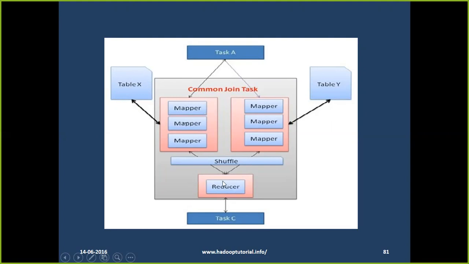If I have to perform the join in reduce side, I should read this file through the mapper phase, combiner, partitioner, shuffle, sort, and reducer, and this file also the same way. After coming into the reducer, you join them. Here 100 columns are there, here 20 columns.